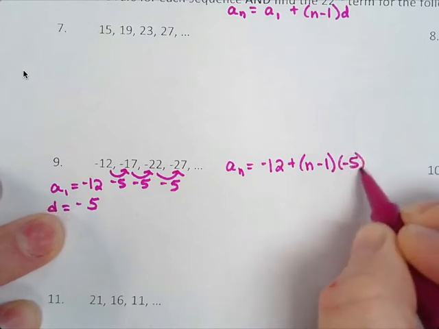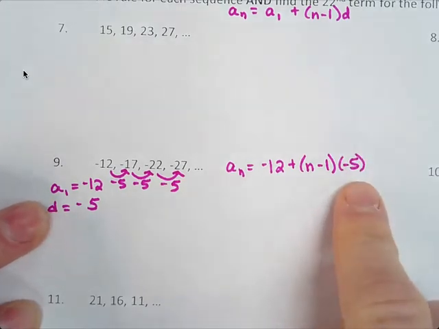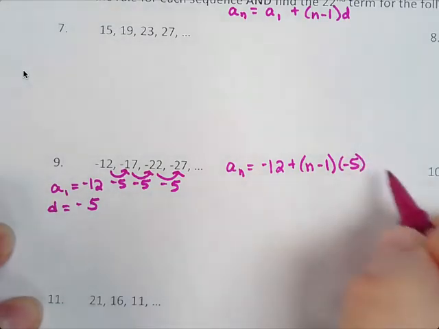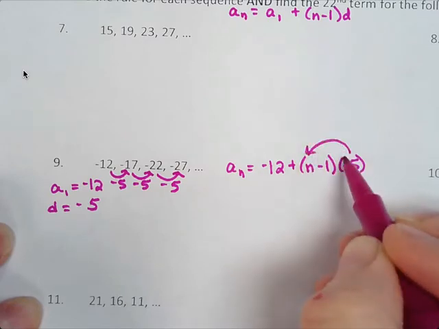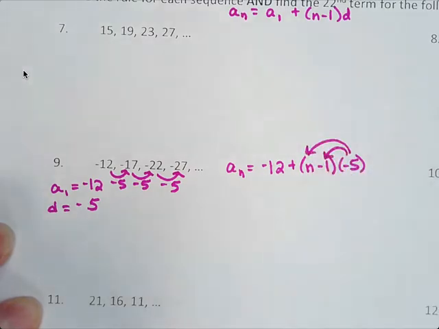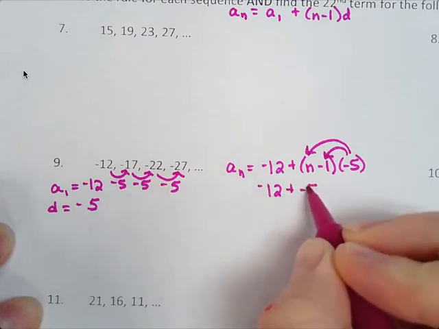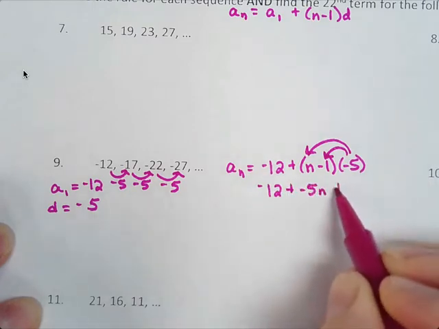times the negative 5. I'm going to put that in parentheses because if I don't, it looks like it's minus 5. Because I know I'm going to have to multiply and distribute that in. So negative 12 plus a negative 5N plus 5.